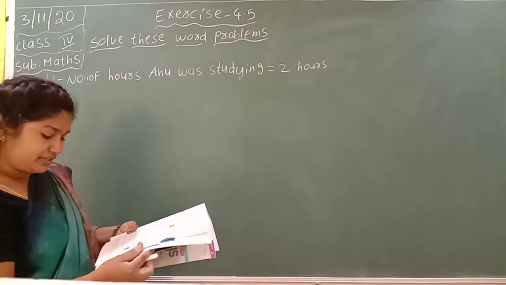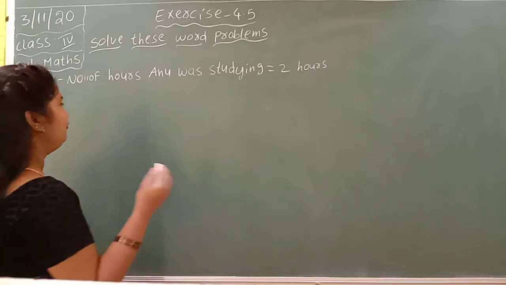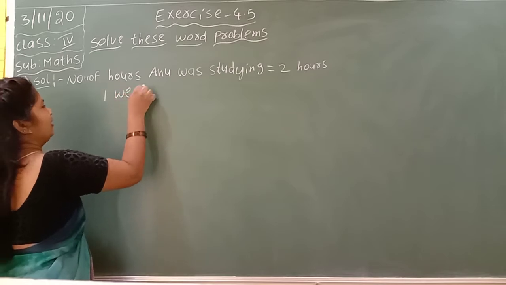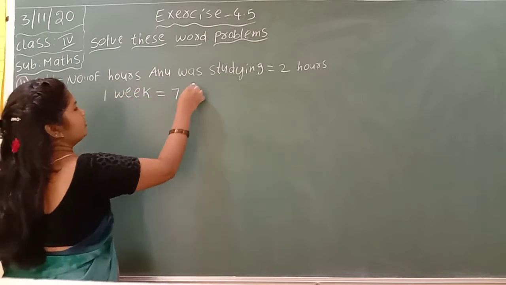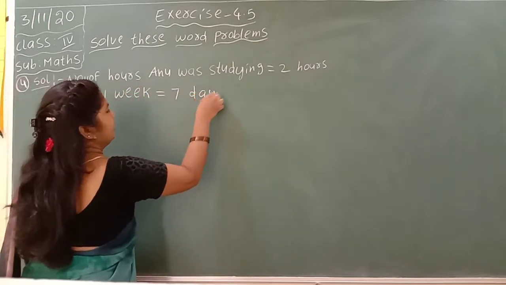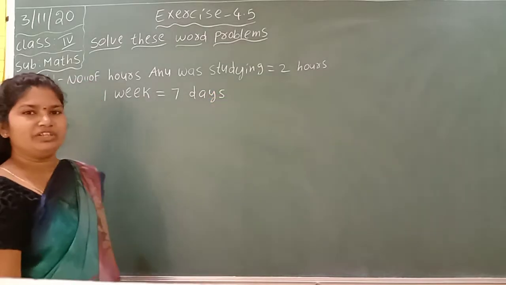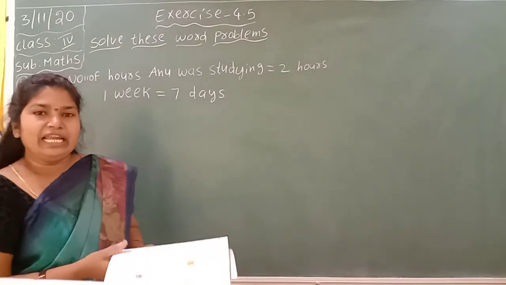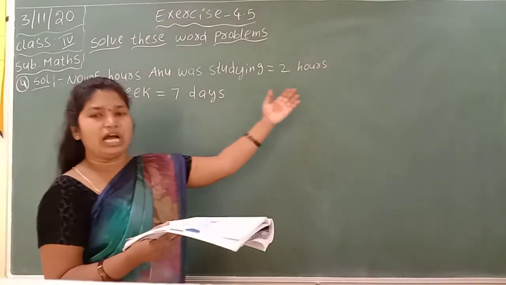How many minutes does she study in a week? They are asking here in a week. 1 week is equal to 7 days. So, daily she is reading 2 hours.